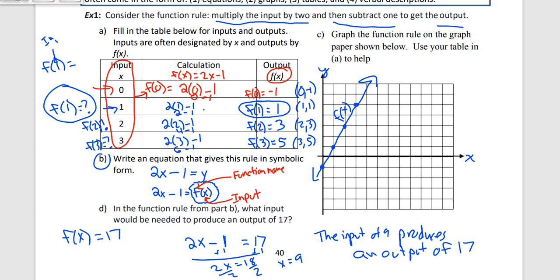The input is given. You have to find the output. But when I write it this way, you have to find the input that gives you this output.